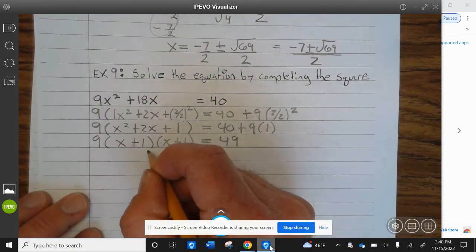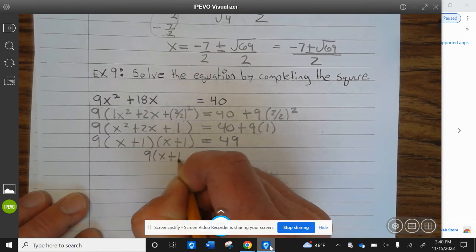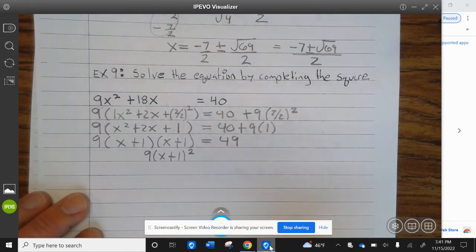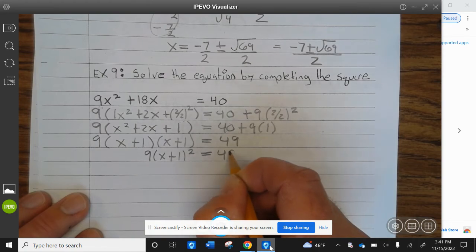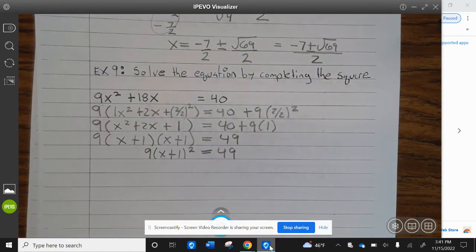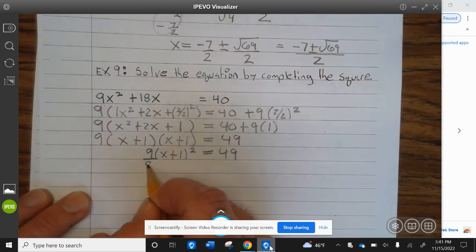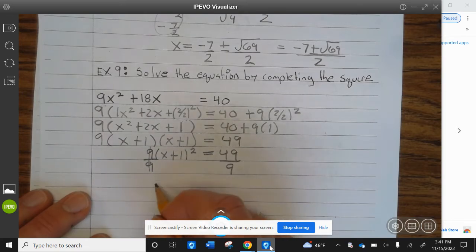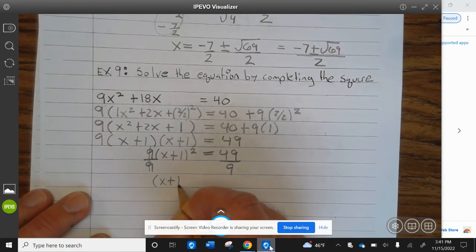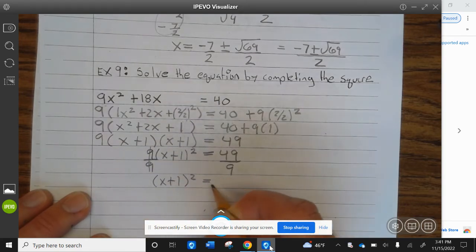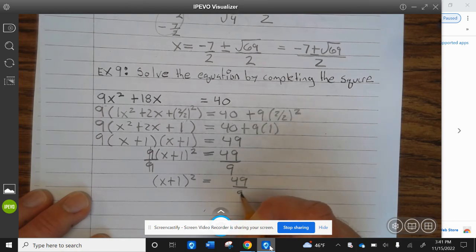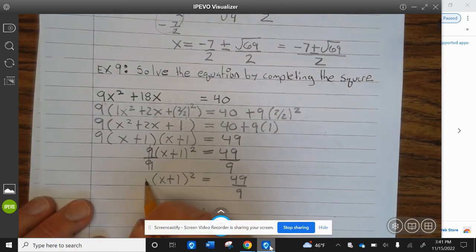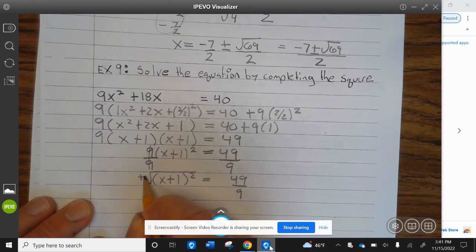And so then this can be written as 9 times x plus 1 squared equals 49. Now, the next thing we're going to do is divide both sides by 9. That divides and becomes 1. You get x plus 1 squared equals 49 divided by 9. Going to take the square root of both sides, plus or minus.